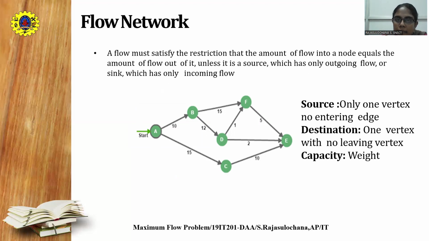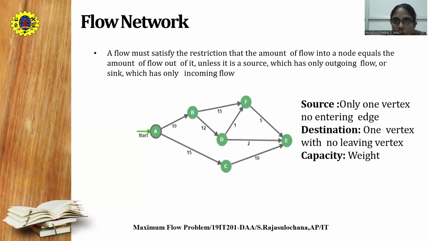The flow must satisfy the restriction that the amount of flow into a node should be equal to the amount of flow coming out of it, unless it is a source node. Here, in this graph, node A is called the source node. Node A has only outgoing edges. It does not have any incoming edges, which means this source node does not have any incoming flow.